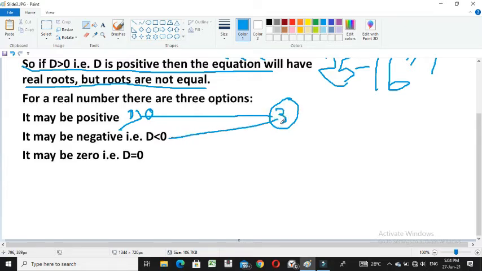These are the three possibilities for a real number. So since our D is also a real number, we have three options: maybe positive, maybe negative, or maybe 0. But all three options will not happen together. If D is positive, the remaining two will not be there. If D is negative, then the first and third will not be there. If D equal to 0, then it cannot be positive or negative.